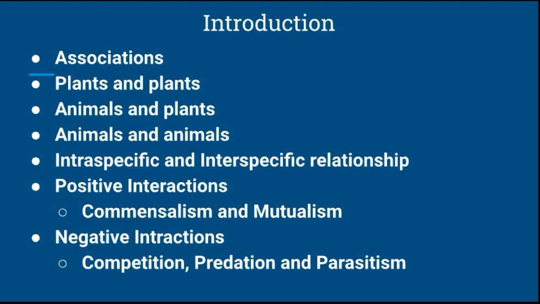Organisms are associated with one another, and they cannot survive alone. The association may be between plants and plants, animals and plants, or animals and animals. These are associations of animals as well as biological associations.